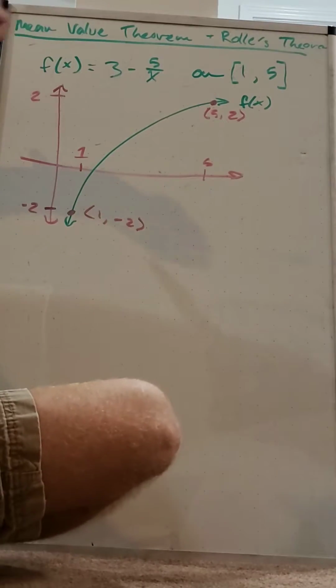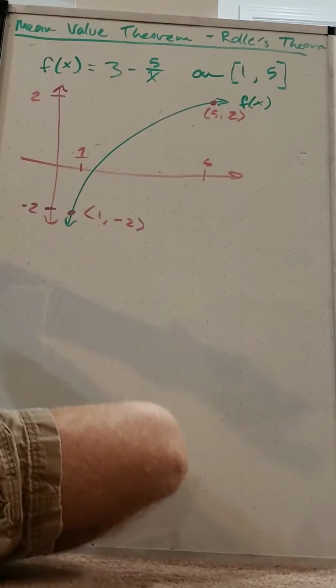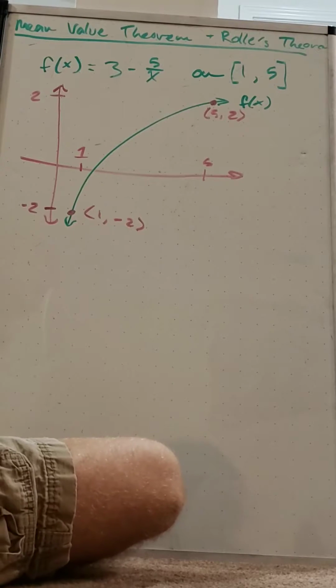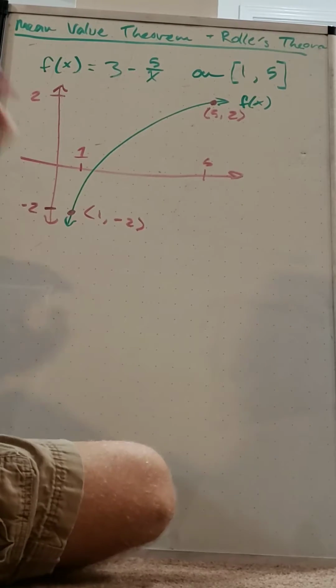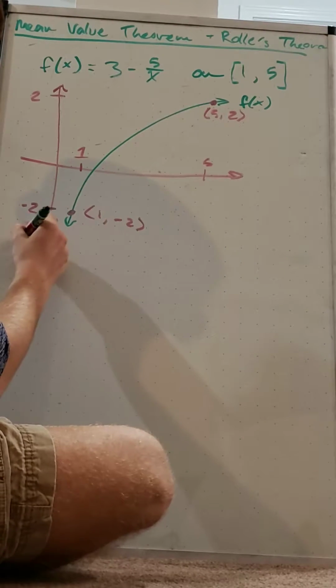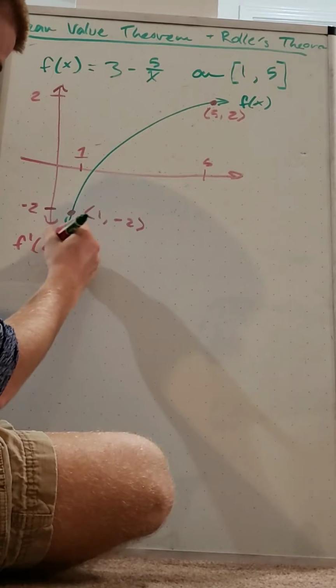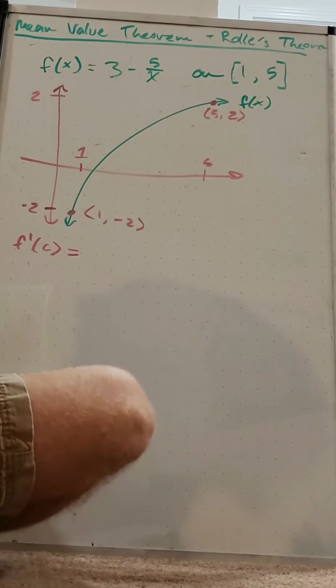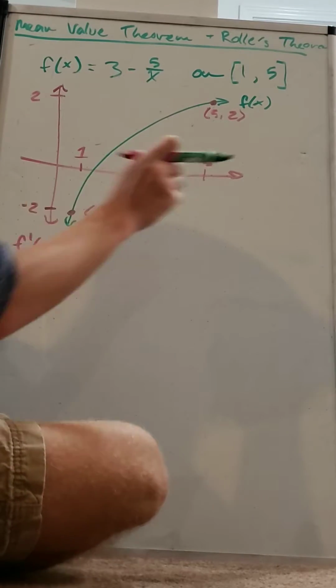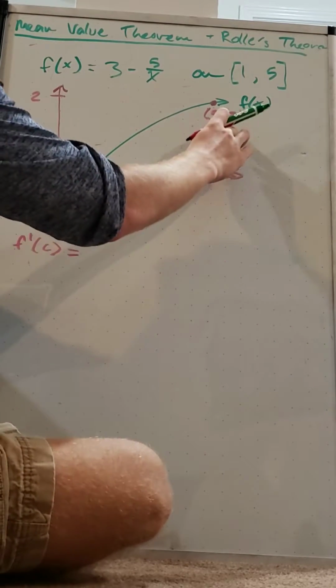We can plug these 2 points into our mean value theorem formula and show that there's going to be some c where f prime of c is equal to, remember, f of b minus f of a. So 5 would be our b, and f of b is 2.